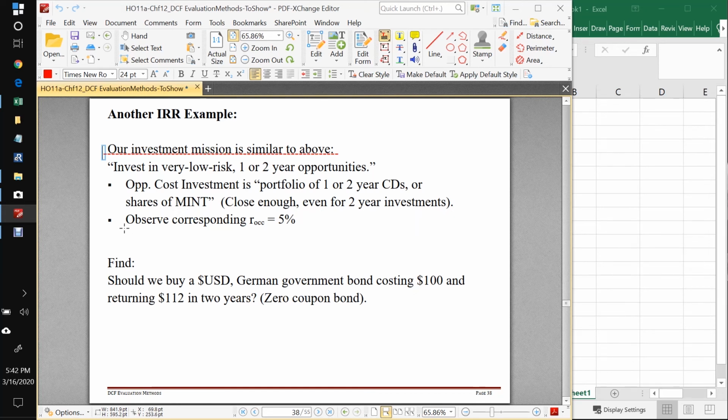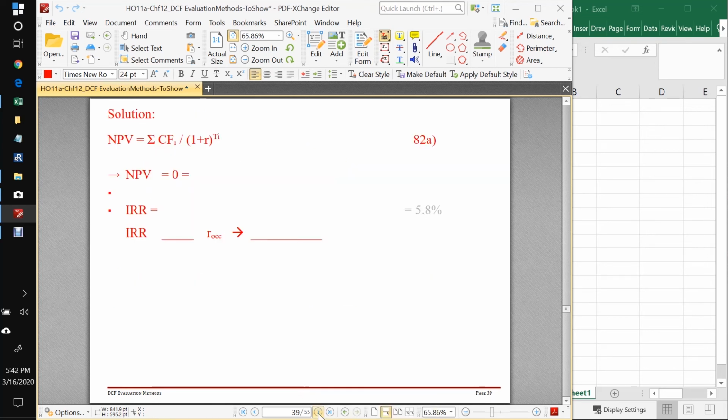So we still find that our opportunity cost of capital is 5%. So now we want to know, should we buy a US dollar denominated German government bond that costs 100 and the contract says it'll return back 112 in 2 years with nothing in between. So that makes it a 0 coupon bond. All right, so let's see if we should buy this one.